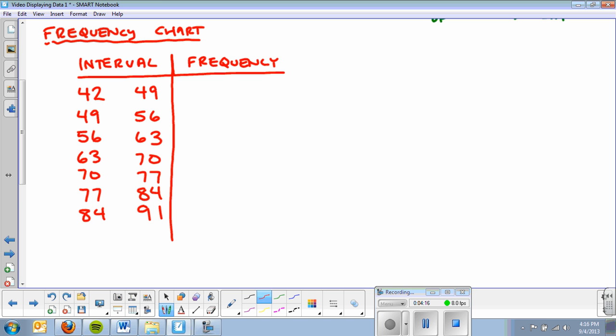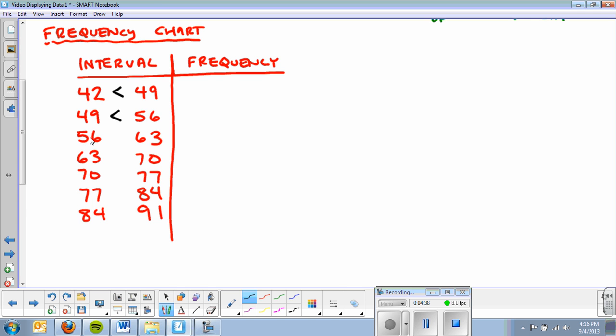So my first interval is going to be between 42 and 49, but I'm going to make one more addition and put a less than symbol. It's not including the number 49, because once I get to 49, I go into this category. So this category goes up until I get to 56, and then 56 would go in this category.